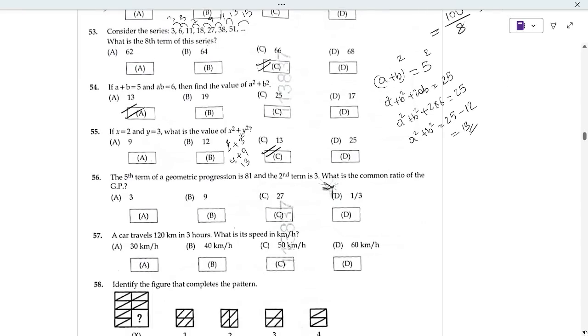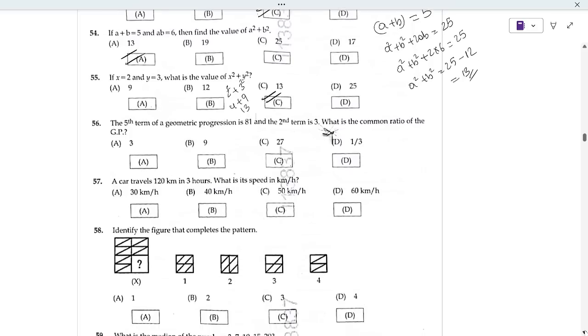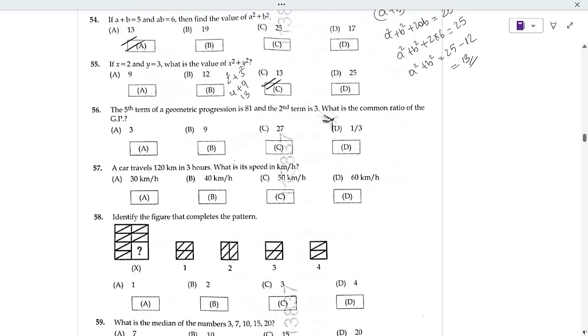The fifth term of a geometric progression is 81. Alright, the formula of geometric progression though. The fifth term of geometric progression is 81.